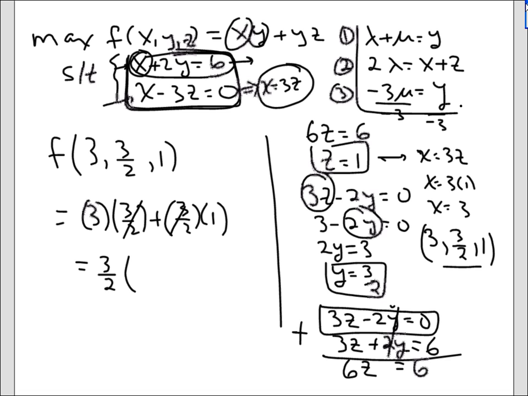You're left with 3 plus 1, which of course is 4. So the answer will be whatever 3 halves times 4 is. And since 2 goes into 4 twice, the answer is 3 times 2, or the number 6. So that problem is done.